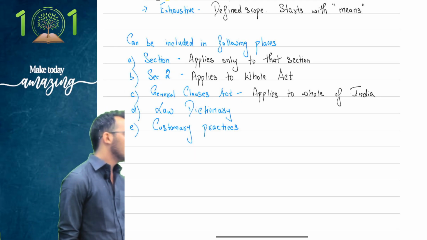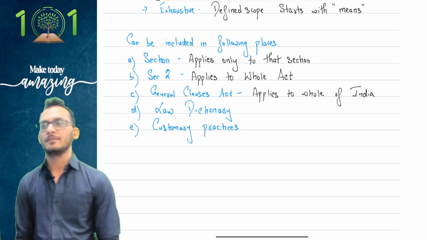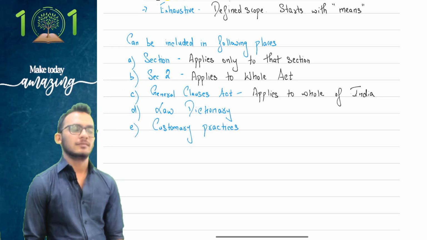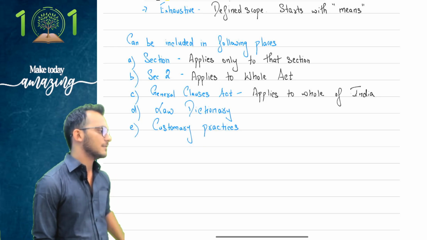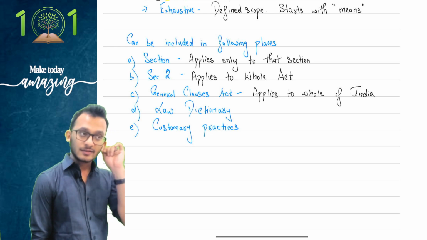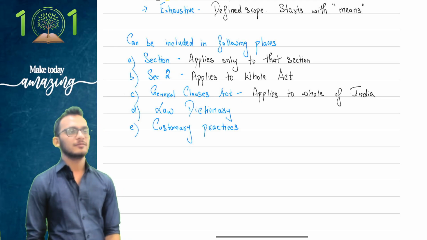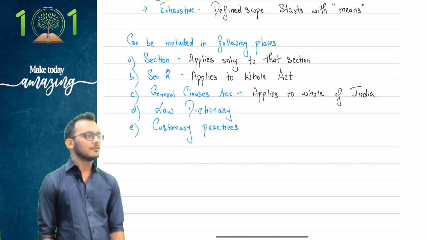Next heading is called types of definitions. We learned definitions are of three types: inclusive, exclusive.